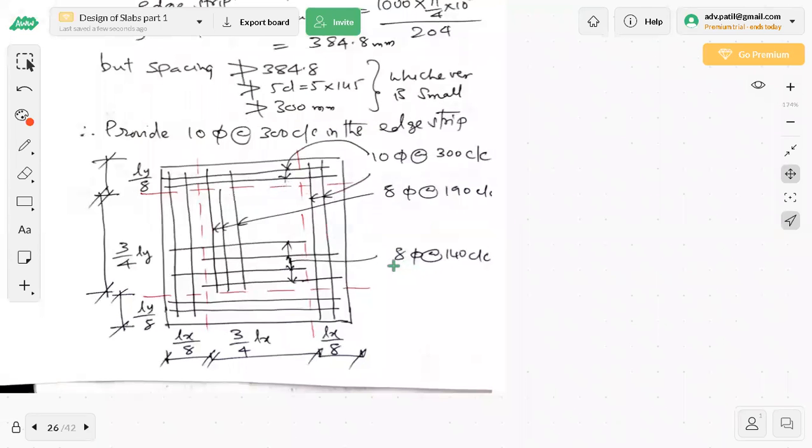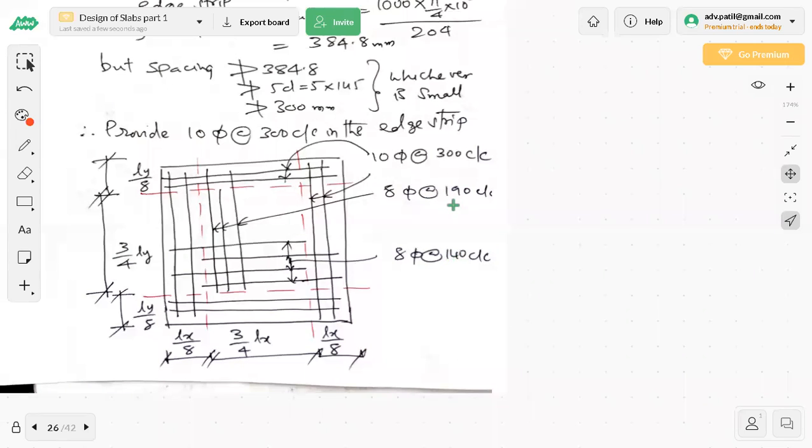If you see the diagram here, along the x-axis, how much is the spacing? 140, because MUX is more. Along the y-axis, the spacing is 190. Bar diameter is the same, but spacing is different.